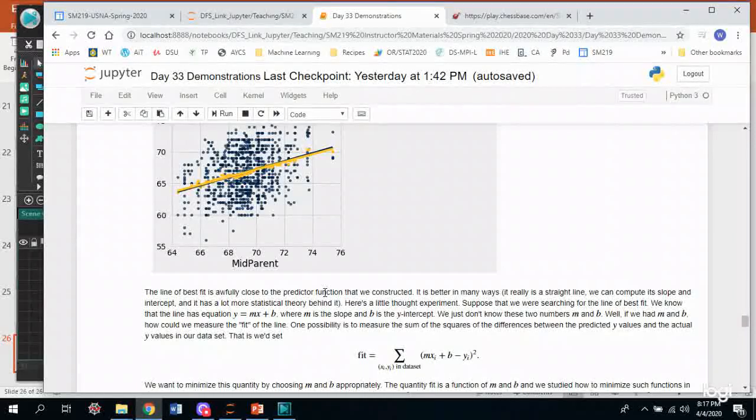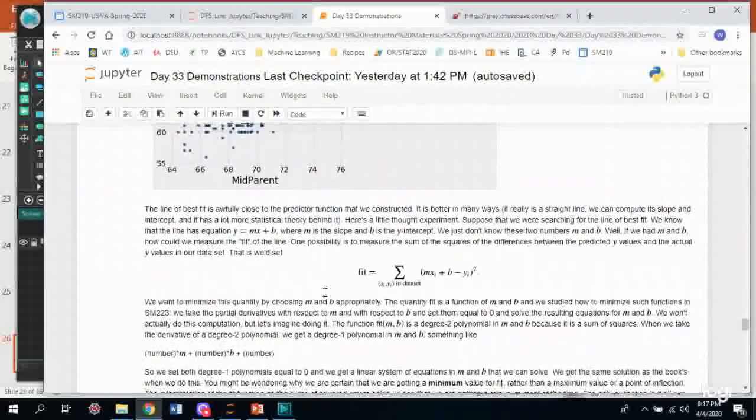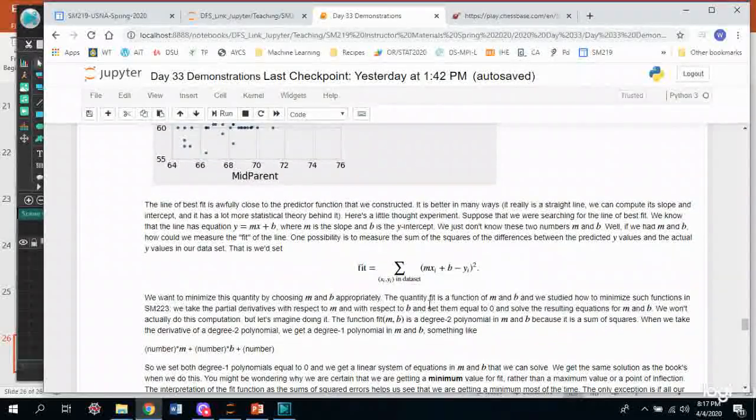And here's one way we could measure the fit. In this displayed equation in the middle here, we're defining the fit to be m times the x-coordinate of a point plus b, minus the y-coordinate of the same point, and we square that. And then we sum those quantities up over all the points in the data set.